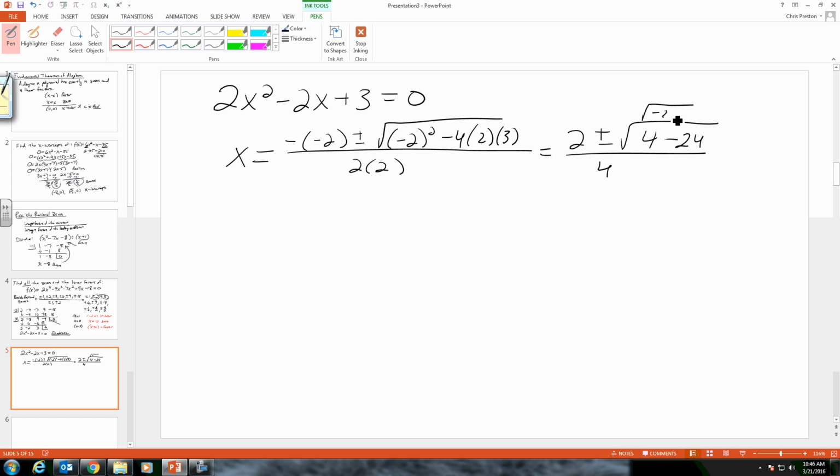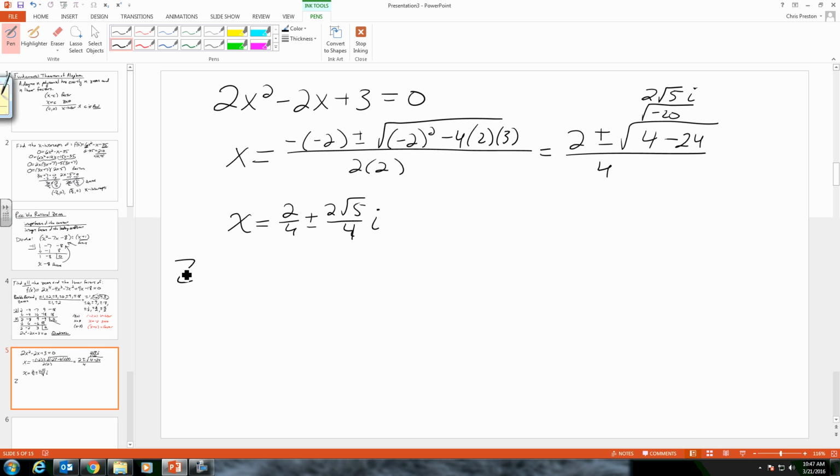So negative 20, well, that's 4 times 5, so 2 root 5 i. So we get x equals 2 over 4 plus or minus 2 root 5 over 4 i. And then these are going to reduce.